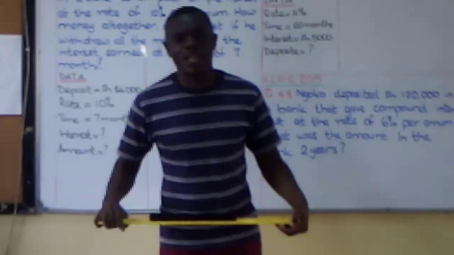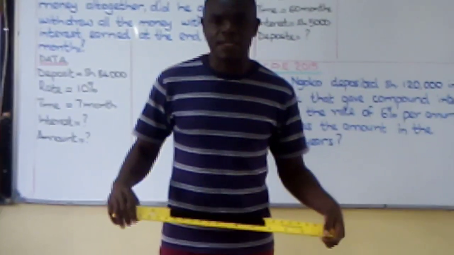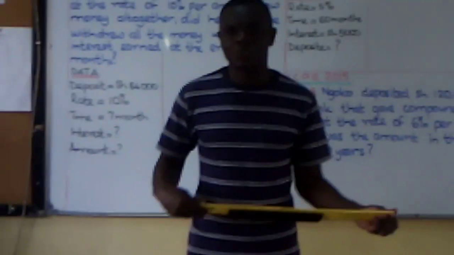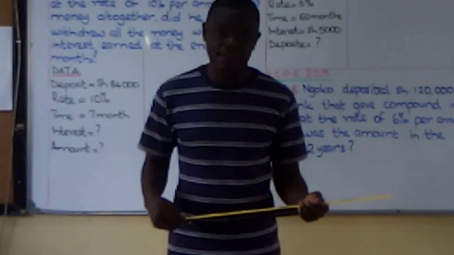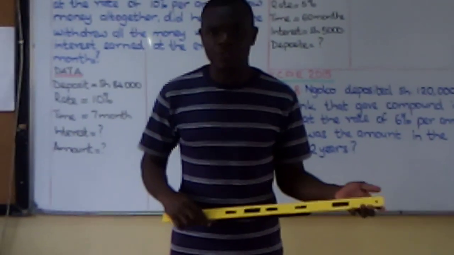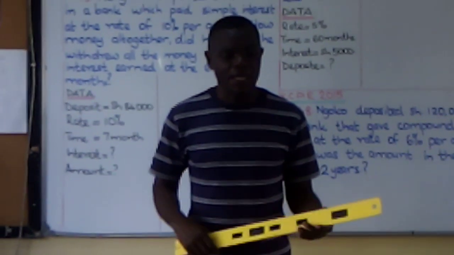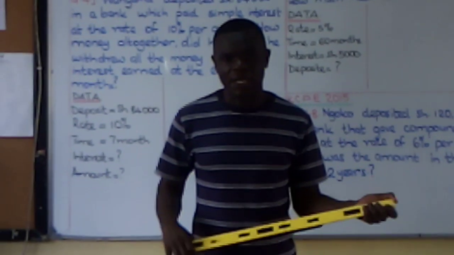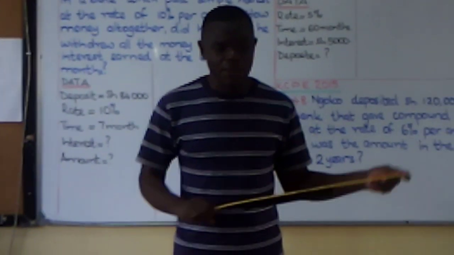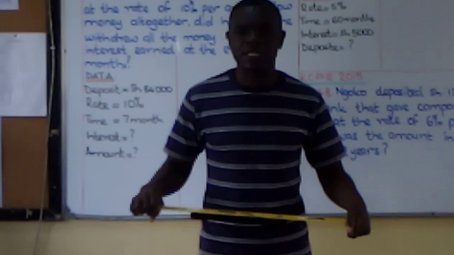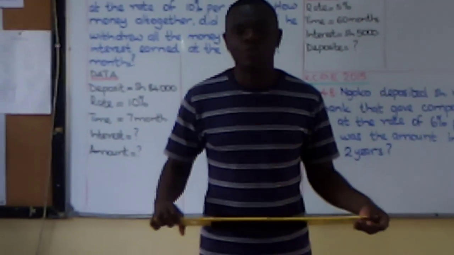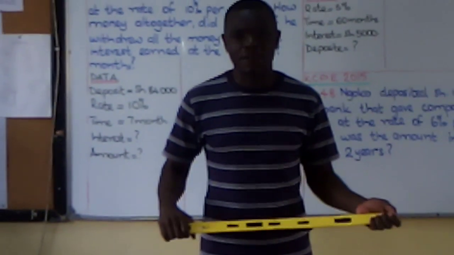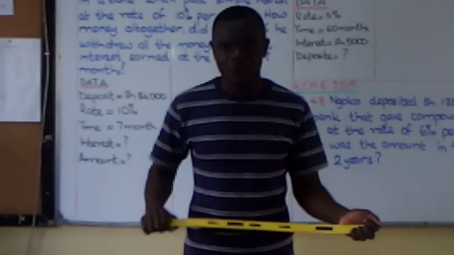In class 7, you learn about simple interest, and it has a lot to be done in 7 than in 8. And so you find so many questions talking about simple interest instead of compound interest. However, today, what I've extracted from the past KCPE papers will give you ample revision.